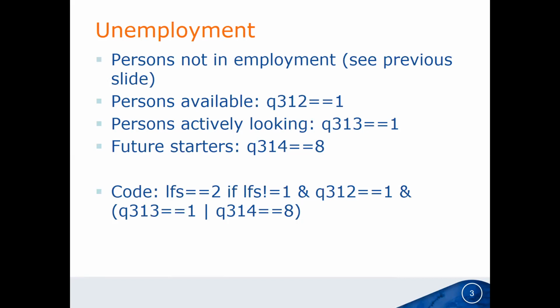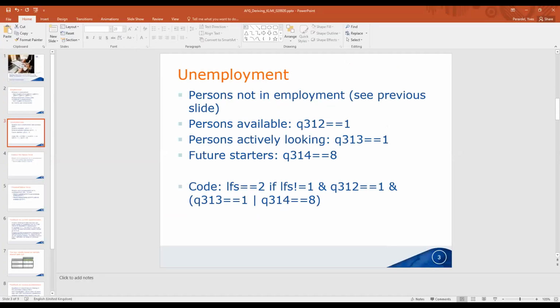Then we are looking at the persons who are available, and that's based on question 312. I'm skipping just to show. Question 312 is: were you available to start work in the last week if it had been offered?